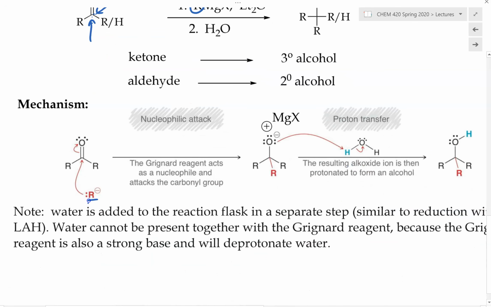The Grignard reagent produces this carbanion. This carbanion acts as a nucleophile, comes in, attacking this carbon, exceeding the octet of this carbon, so we have to break one of the pi bonds and the electrons go to the oxygen. Initially, we'll be producing this alkoxide, and this alkoxide is then coordinated with the magnesium as a counter ion. So now we are producing our alkoxide.